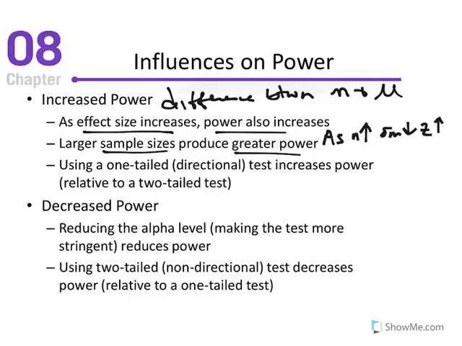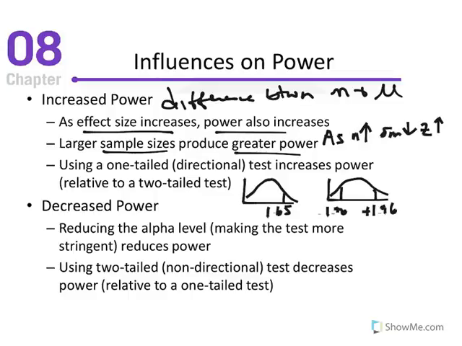Using a one-tailed directional test increases power relative to a two-tailed test. And why is that the case? Well, if we think about the z values, let's say alpha at 5%, for one-tailed our z-score is 1.65, and I'm just going to use the positive values to illustrate this. If it's a two-tailed test, we have negative 1.96 and positive 1.96.